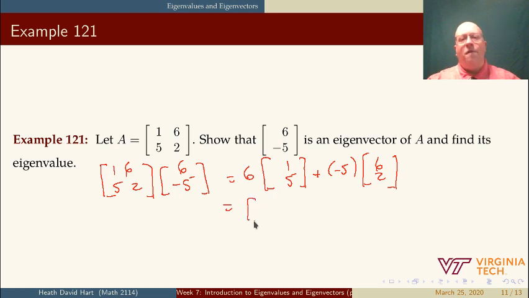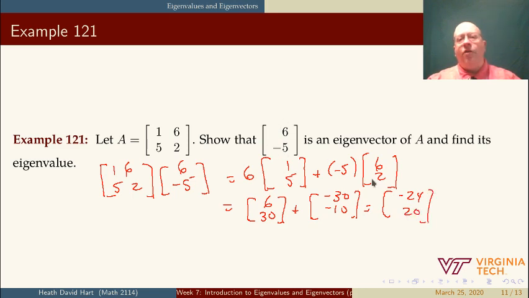6 times 1, 5 is 6, 30. And negative 5 times 6, 2 is negative 30 and negative 10. 6 plus negative 30 is negative 24. 30 plus negative 10 is positive 20.